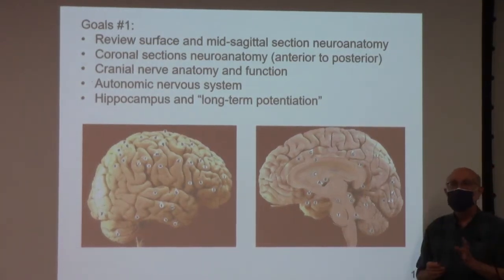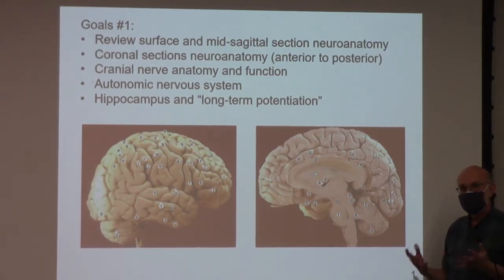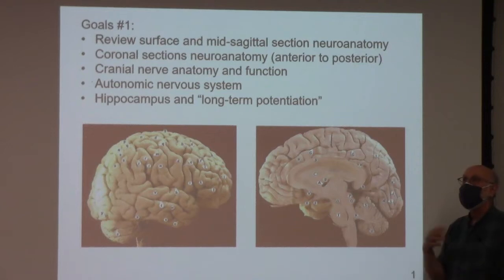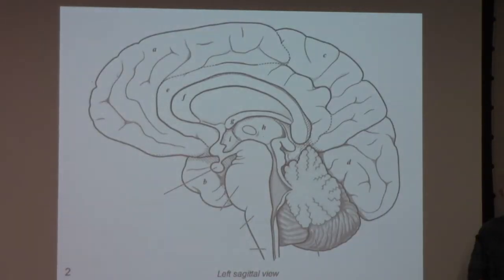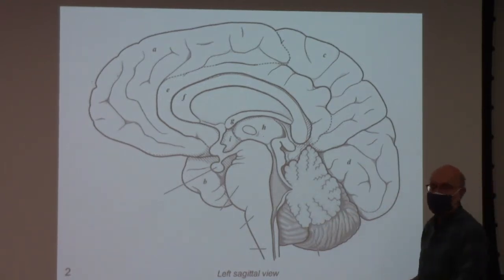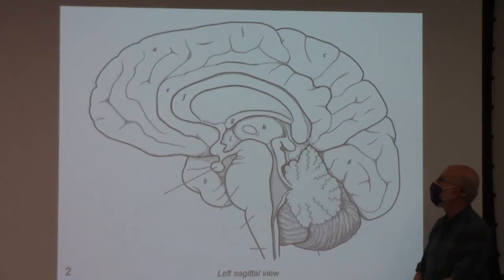Okay, so you can see what it takes to learn this stuff. Repetition, self-testing, quizzing yourself. If you just look it over, you can convince yourself that you know it all. But when you are forced to label something, you discover what you do and don't know. So, for example, we're not going to do this now, but you could label this image. Did I give you this image as a handout? Yeah. So you could take the handout and label this image.